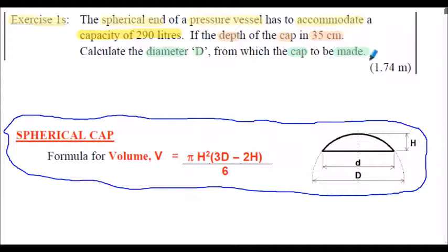The answer is given here in the bracket. I've just shown for reference the formula for the spherical cap from the previous slide. I would encourage you to start the presentation and attempt exercise 1S. It will involve transposing this equation to find uppercase D here. I will show you the full worked solution on the following slide.